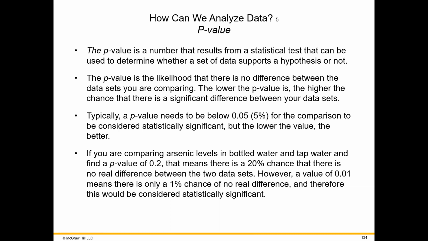Or less than whatever your alpha value is, then it would be considered statistically significant. So it's kind of like backwards, but once you understand p-values, it gets a lot easier to understand scientific papers, because it's still the most commonly used test that we do in science, although it has been argued that we should switch over to a different way.